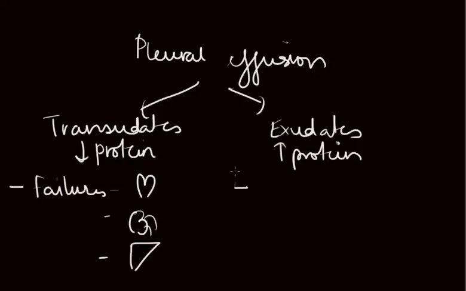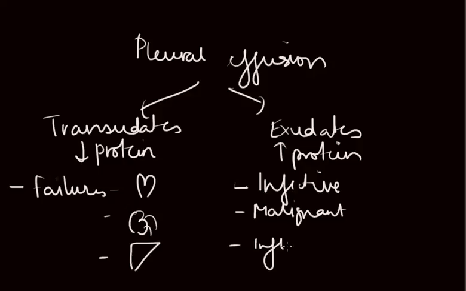And if you want to talk about exudates, you can divide them into infective, for example a parapneumonic effusion, malignant, and third, inflammatory, say autoimmune disease, some kinds of serositis that will produce increased exudate and pleural effusion.